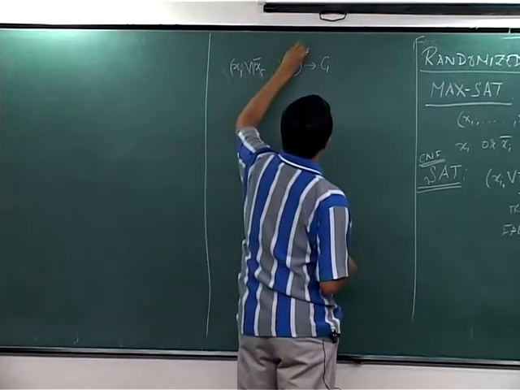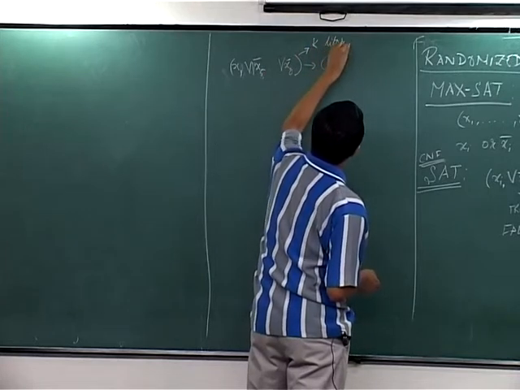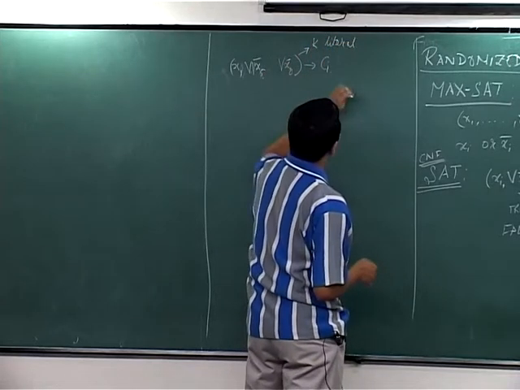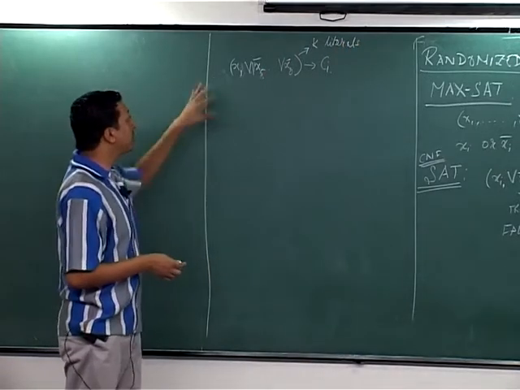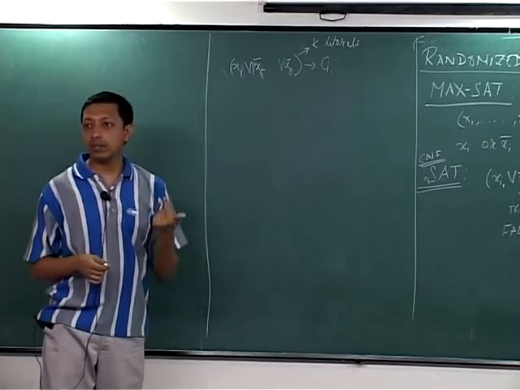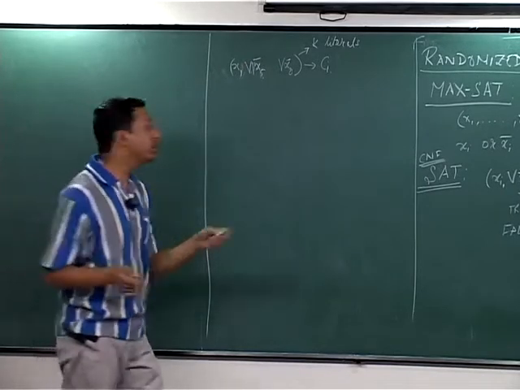Suppose it has some k literals. What is the probability that the clause doesn't get satisfied? 1 by 2 power k, right?